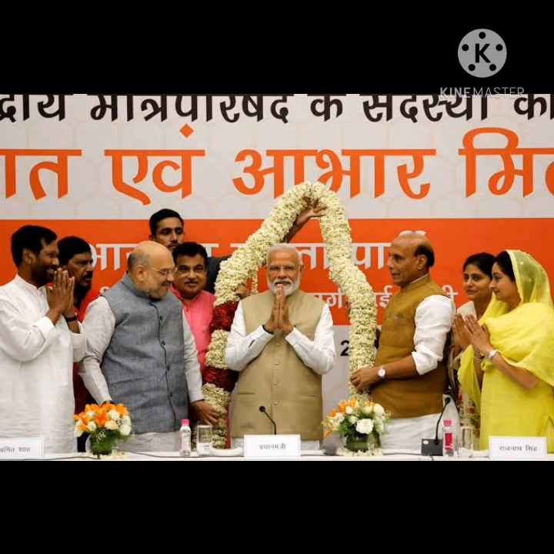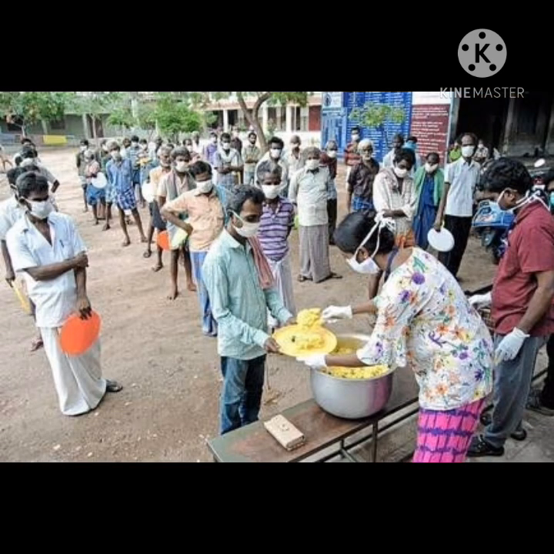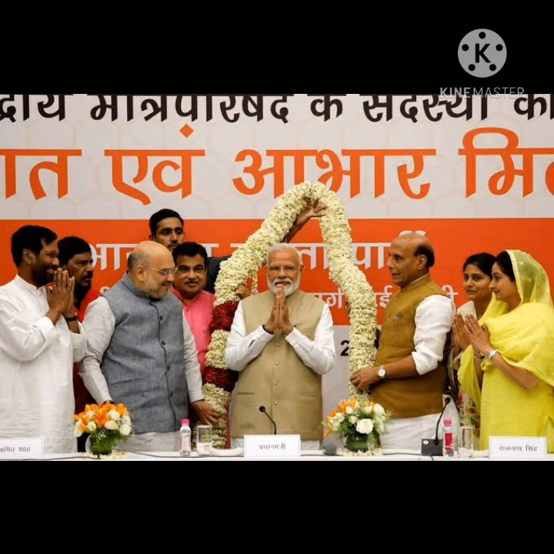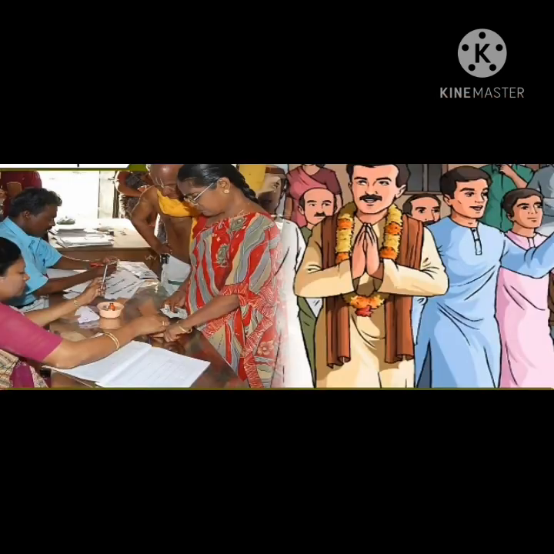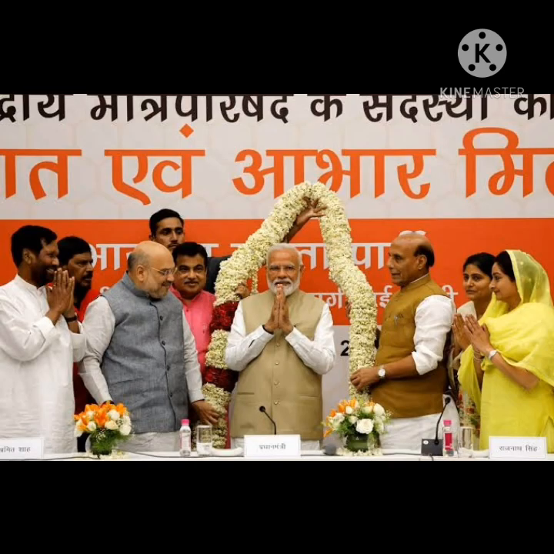So on this background, we can say that when people form organizations with the objective of achieving political power and participate in the electoral process, such organizations are called political parties. Political parties thus can be described as a group of people who aim to contest elections, win elections, and get power and establish the government of their party.